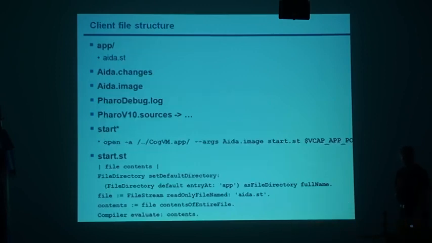So I'm going to take a Pharo application, for example, and I chose Ada for this experiment, where we put Ada in the app directory. It has various things. We have a start command, some Smalltalk. So here's our Smalltalk that says, go into this directory, look for this .st file, and load that file and evaluate the contents.